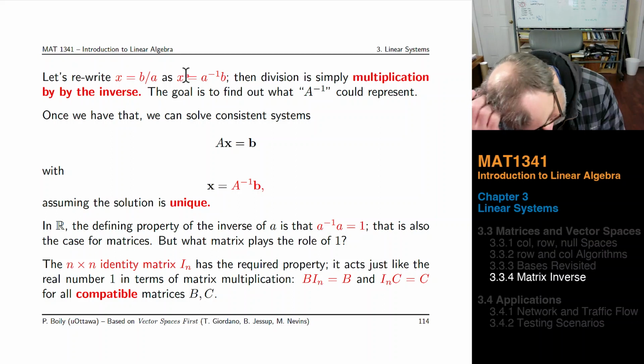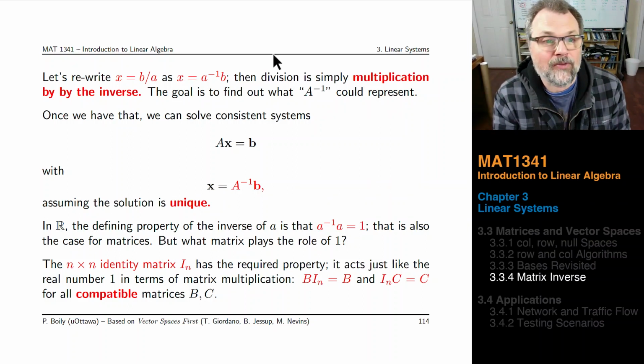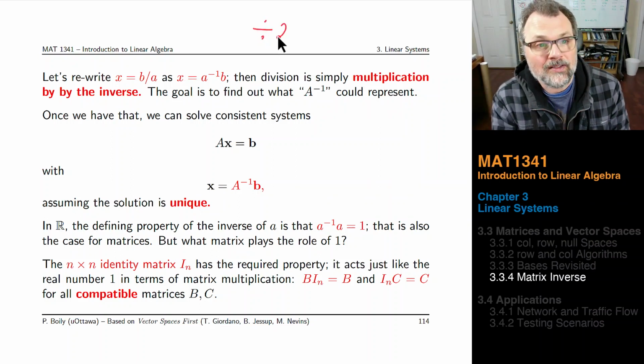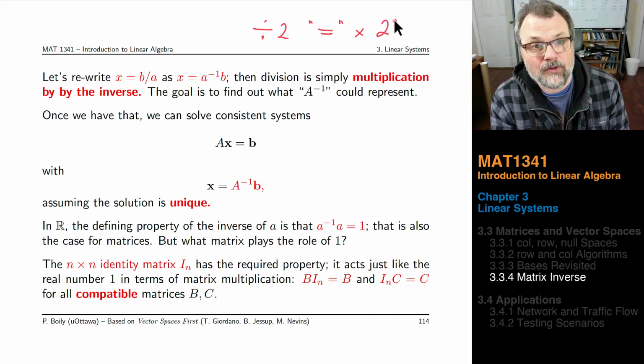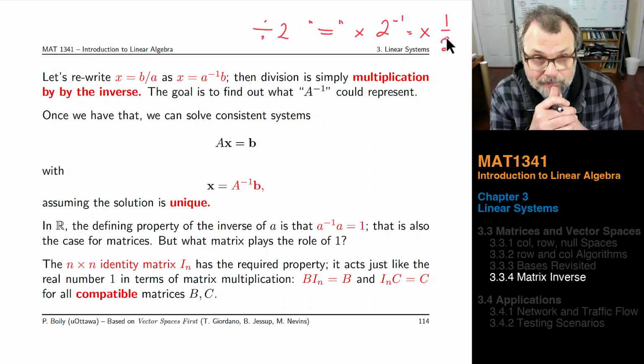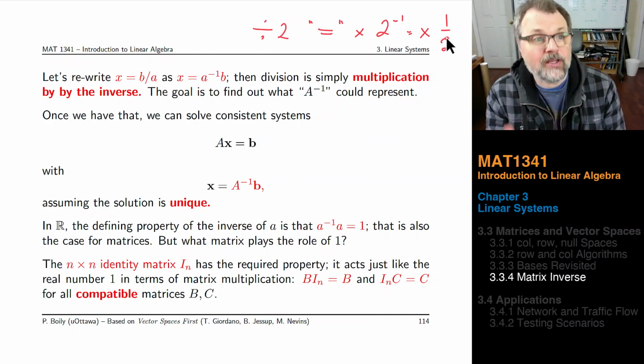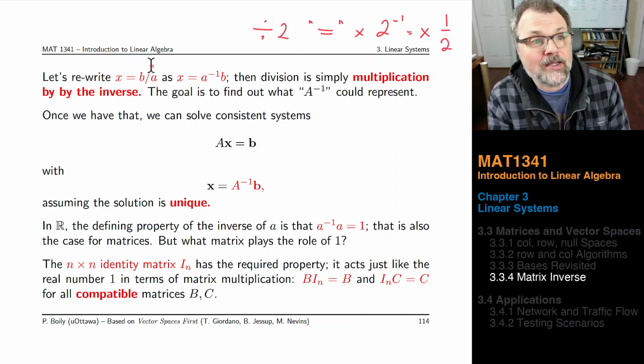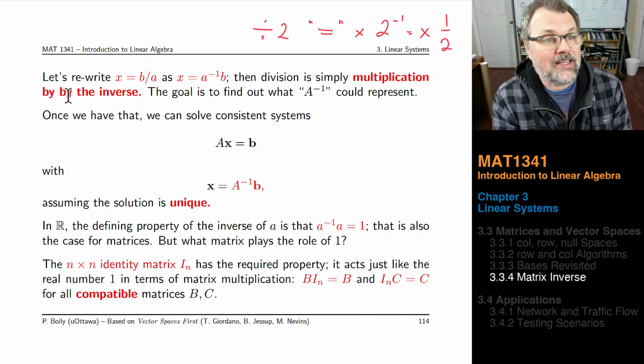And we know that that makes sense because with real numbers, if I'm dividing by 2, that's the same thing as multiplying by the inverse of 2, which is the same thing as multiplying by 1 over 2. That's sort of this trick that we had. So we do the same thing here. Instead of dividing by a, we are multiplying by the inverse of a.